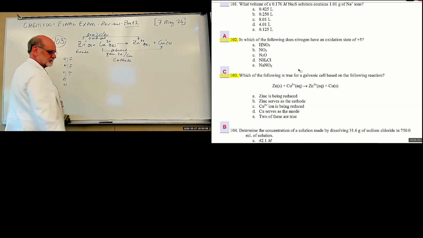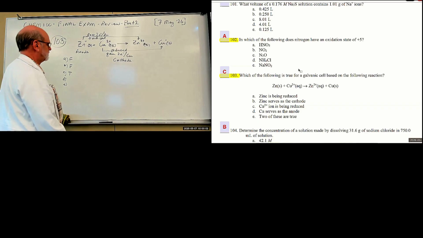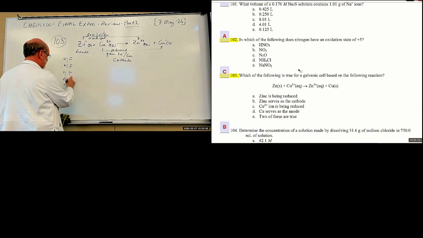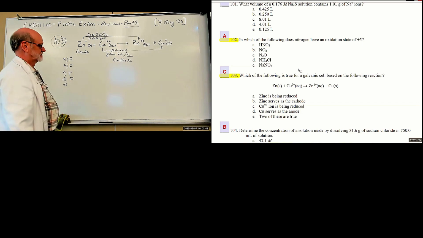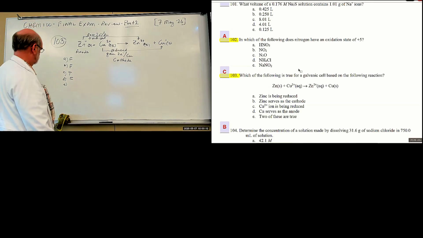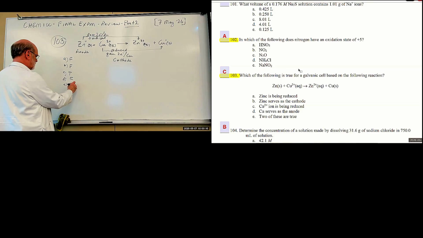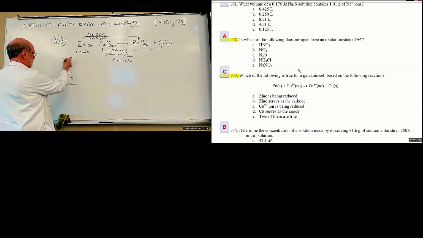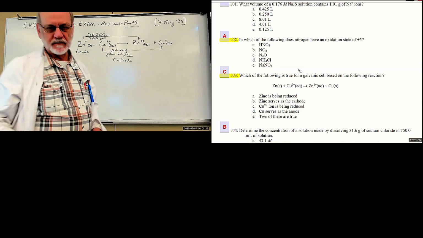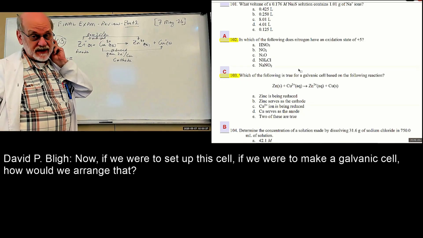That's true. Copper serves as the anode. No, it serves as the cathode. And two of these are true? Well, no, only one of them is true. Only C is true.